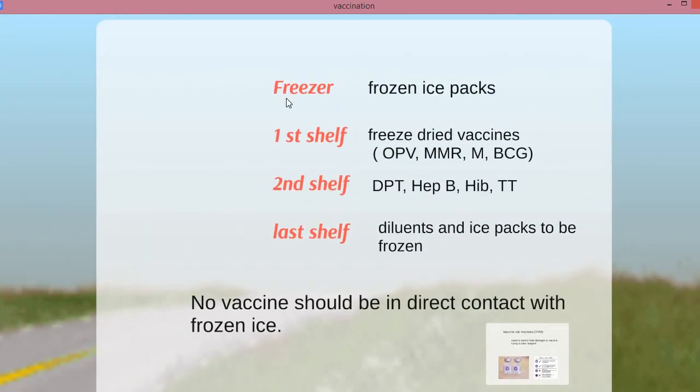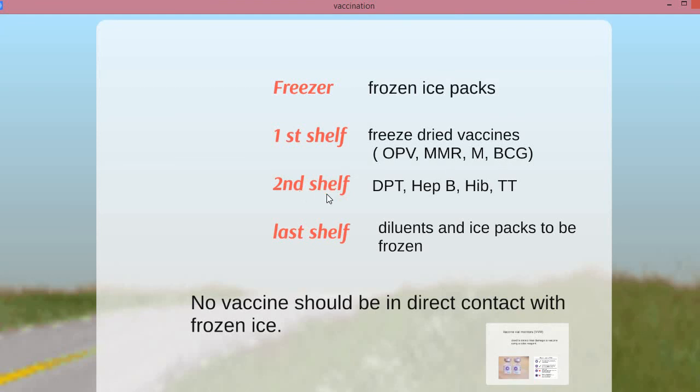In a fridge or refrigerator, the freezer is used to store the frozen ice packs. The first shelf is usually used to store freeze-dried vaccines like the oral polio vaccine, MMR, measles vaccine and the BCG vaccine.